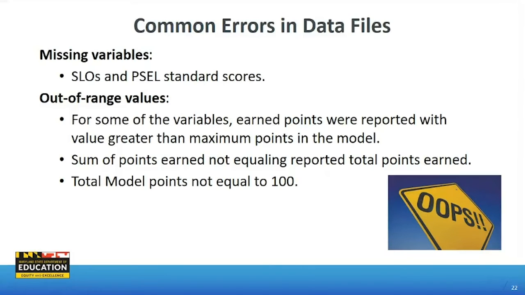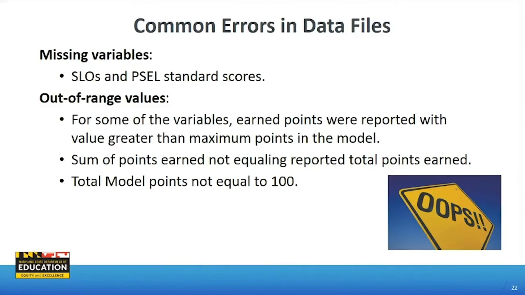So the last slide of primary content. We're going to discuss some of the common errors in the data file that have been seen in previous years. In particular, the SLOs and P-cell standard scores occasionally have missing variables. The main example of this is reporting the total student growth rating in the fields for SLO1 and not reporting any of the SLO or other student growth measures data. Also, there are occasionally out of range values.